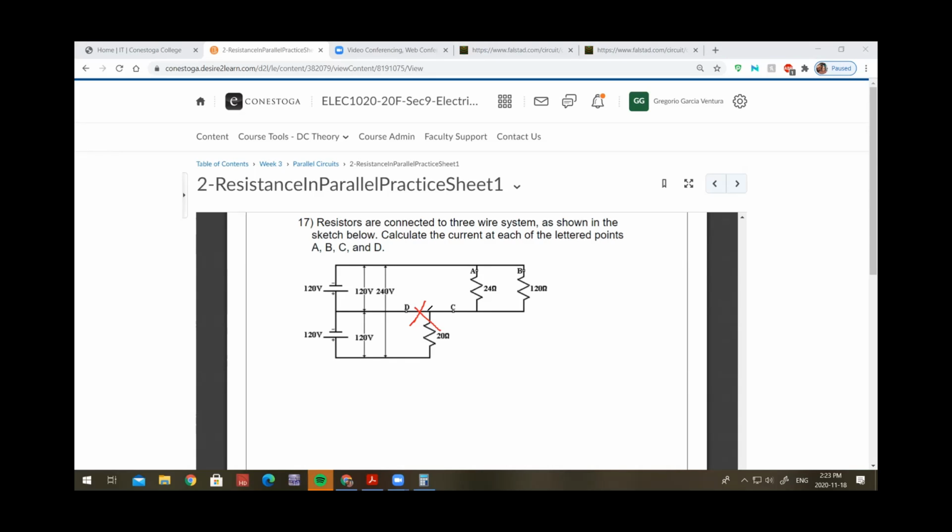In code, you have something called the broken neutral, so you can see the effect of a broken neutral in a circuit. That way you can analyze why it is so necessary to have your grounding and bonding in every single outlet.